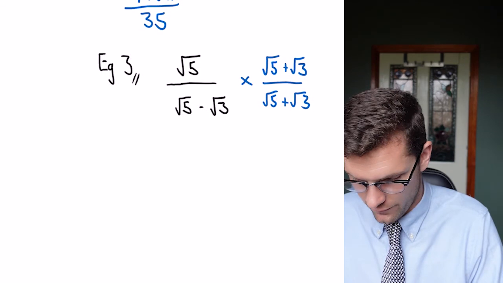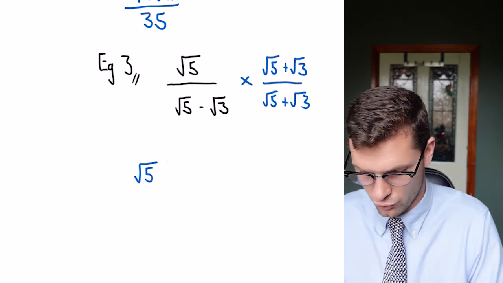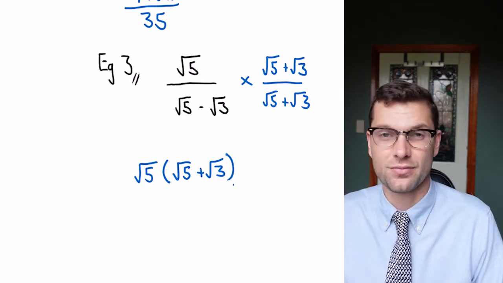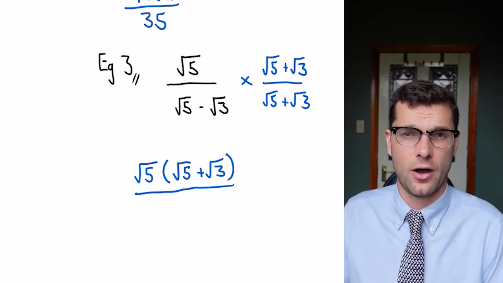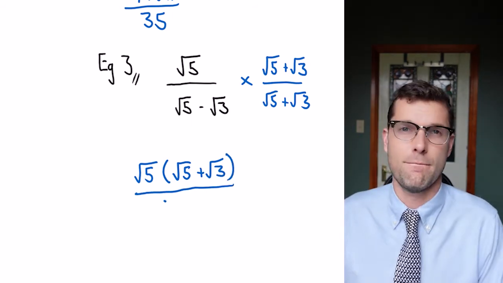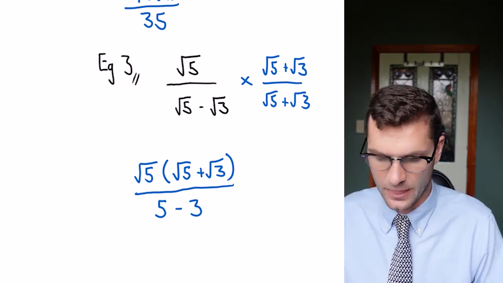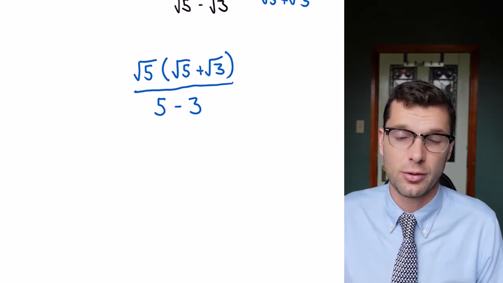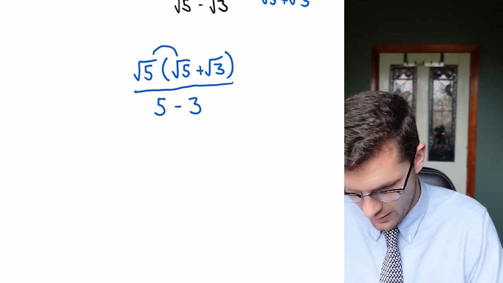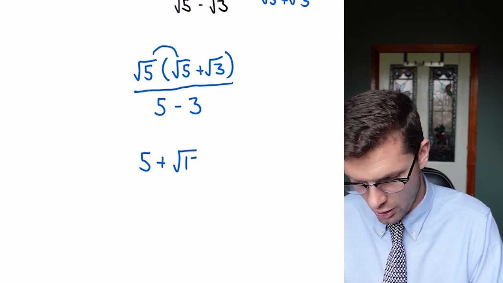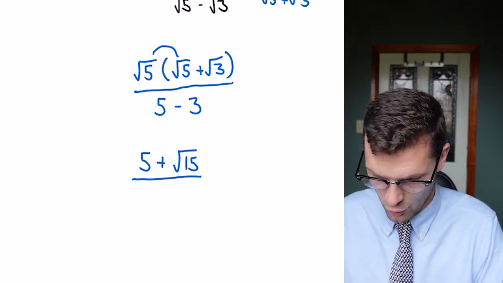So I've got root 5 bracket root 5 plus root 3 all over root 5 multiplied by root 5 is 5 minus root 3 multiplied by root 3 is minus 3. So here root 5 multiplied by root 5 is equal to 5 plus root 15 all over 5 minus 3, which is equal to 2.